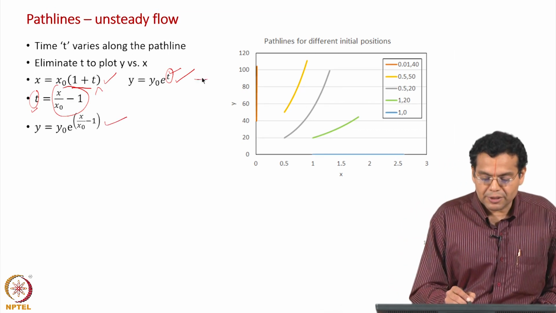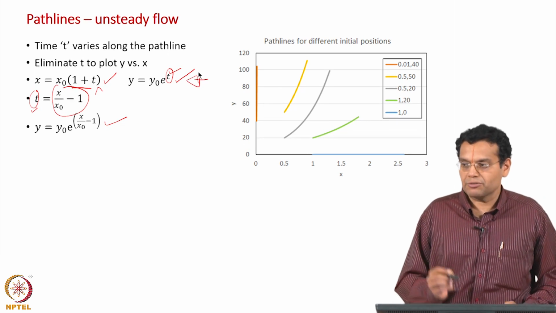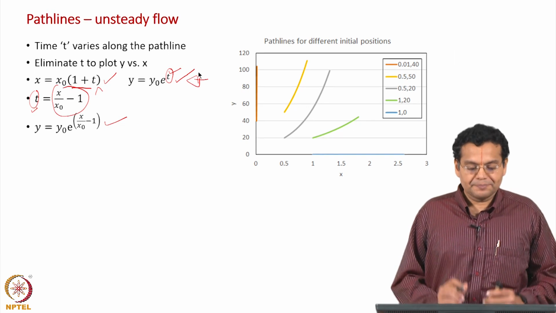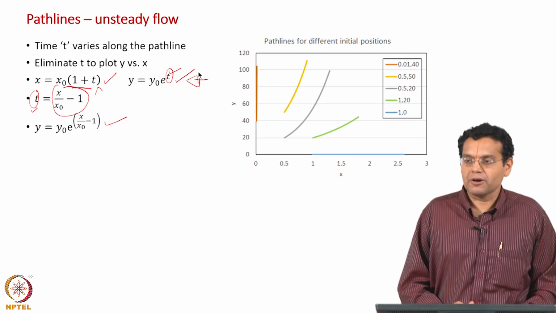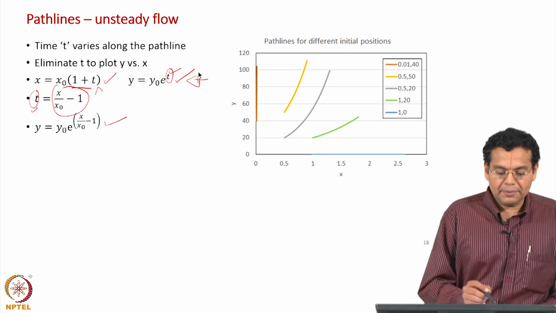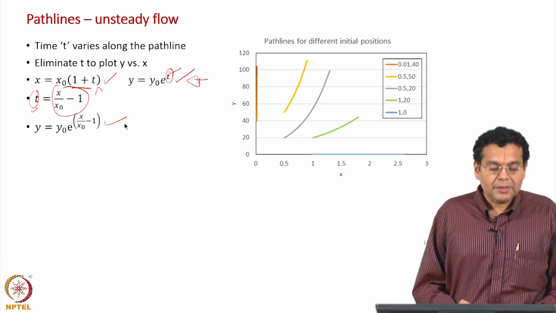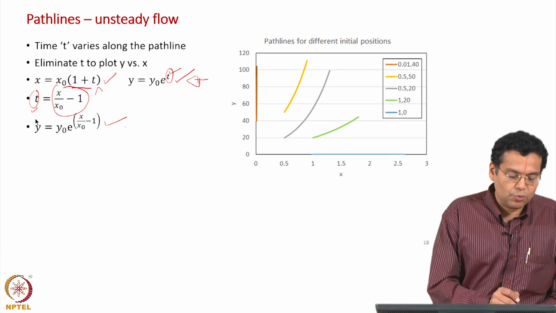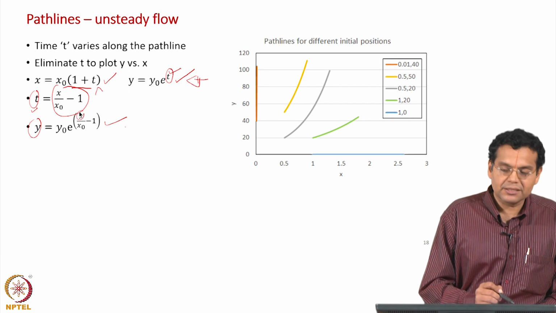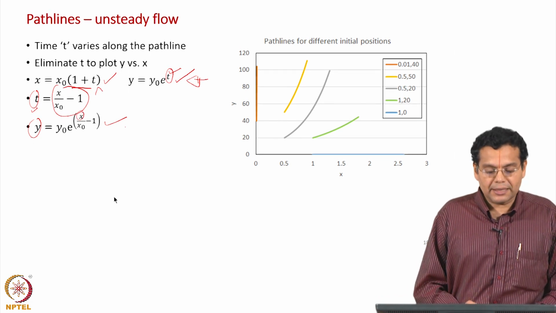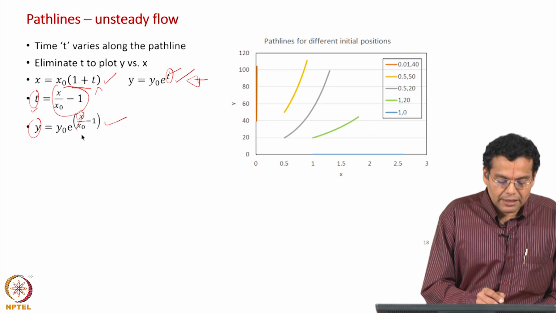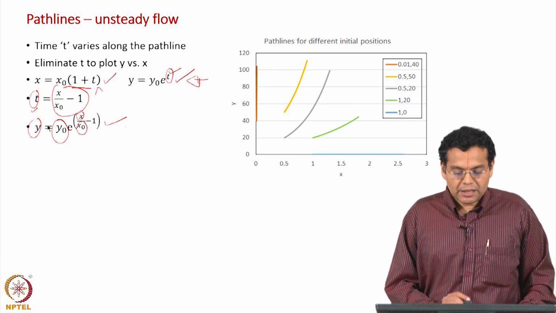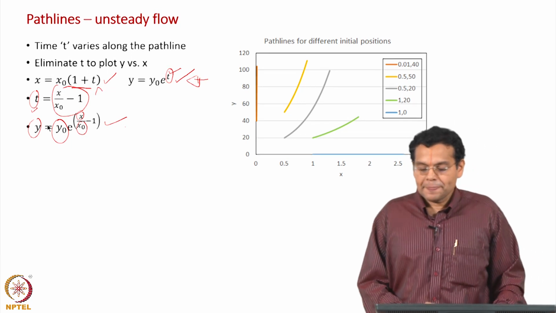These two are the equations to get the x and y coordinate as a function of time. If you are interested in getting only the final expression for the path line, eliminate t, and this will be the equation for the path line, which tells you how y varies as a function of x, which are the y and x coordinates of the particles. Remember, this is for a given initial position x naught and y naught. And that is what is shown here in this figure.